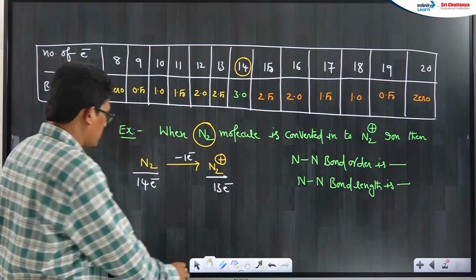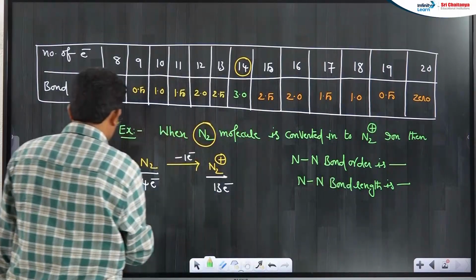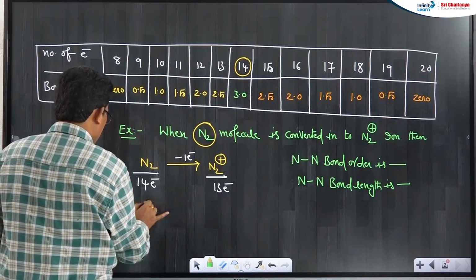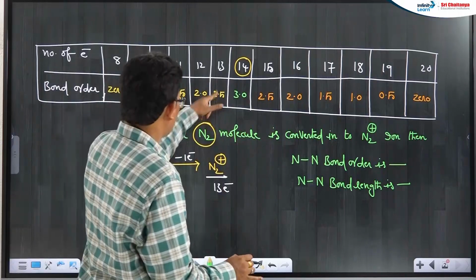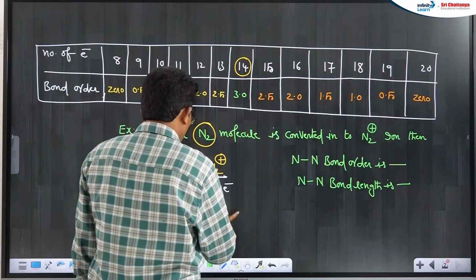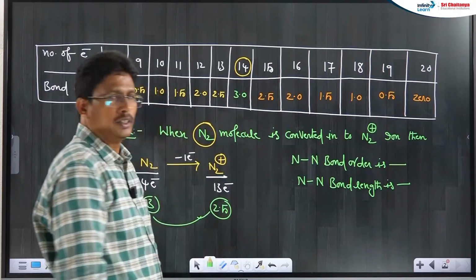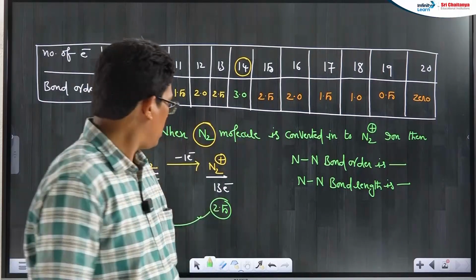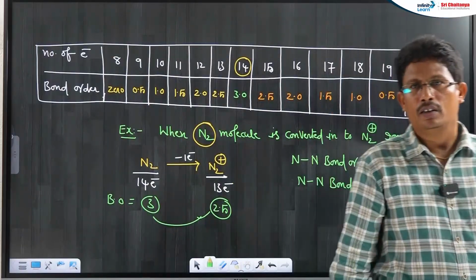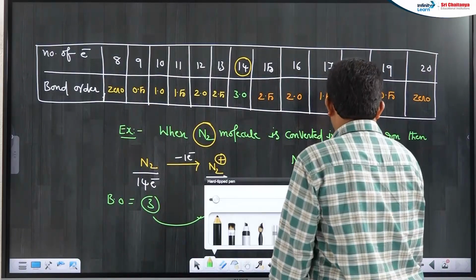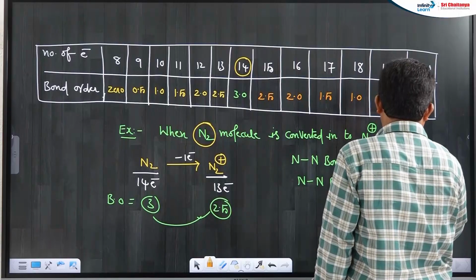For 14 electrons, bond order is 3. For 13 electrons, bond order is 2.5. So does bond order increase or decrease? Bond order decreases. So here the N-N bond order decreases.